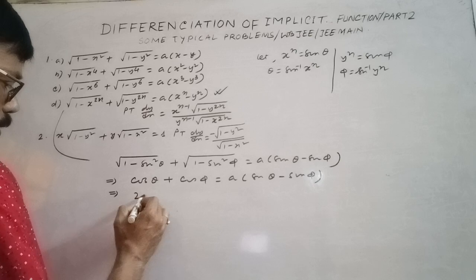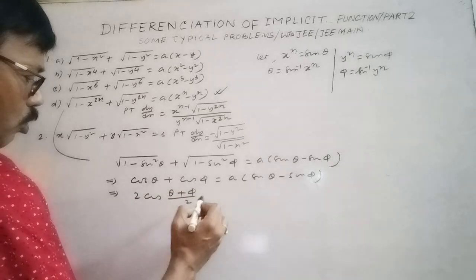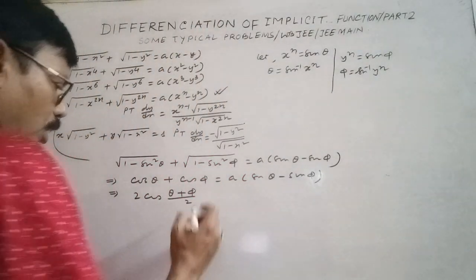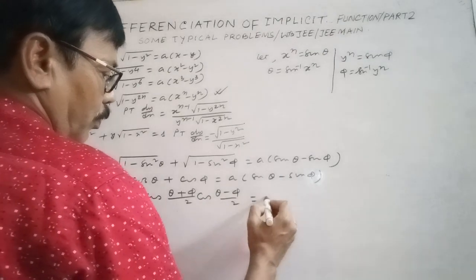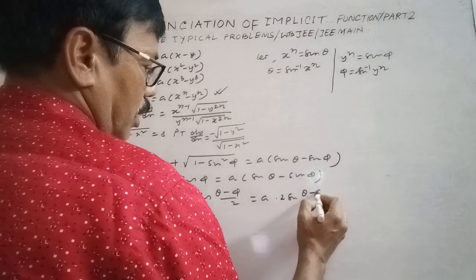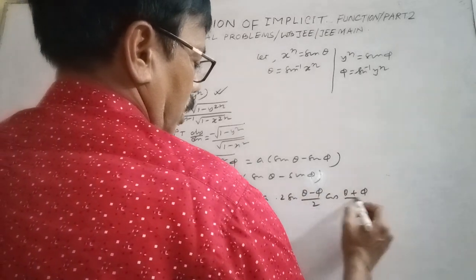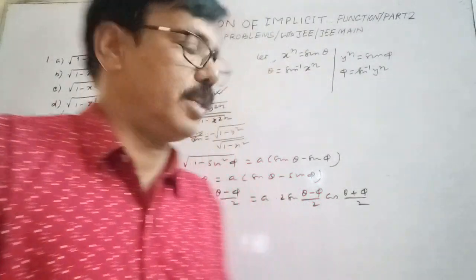So put the formula for cos C plus cos D: 2 cos((theta plus phi)/2) into cos((theta minus phi)/2), equals a into the formula for sin C minus sin D: 2 sin((theta minus phi)/2) into cos((theta plus phi)/2). So what advantage are you getting?